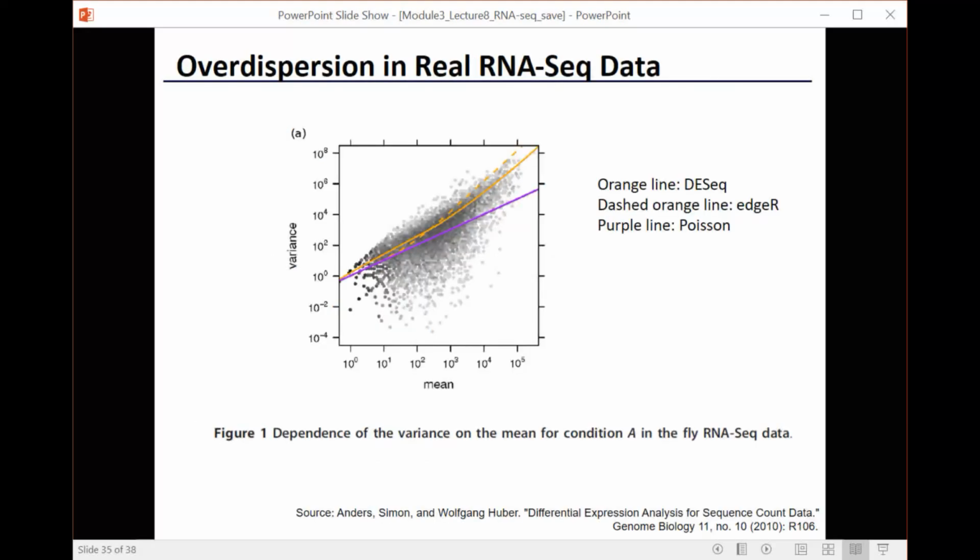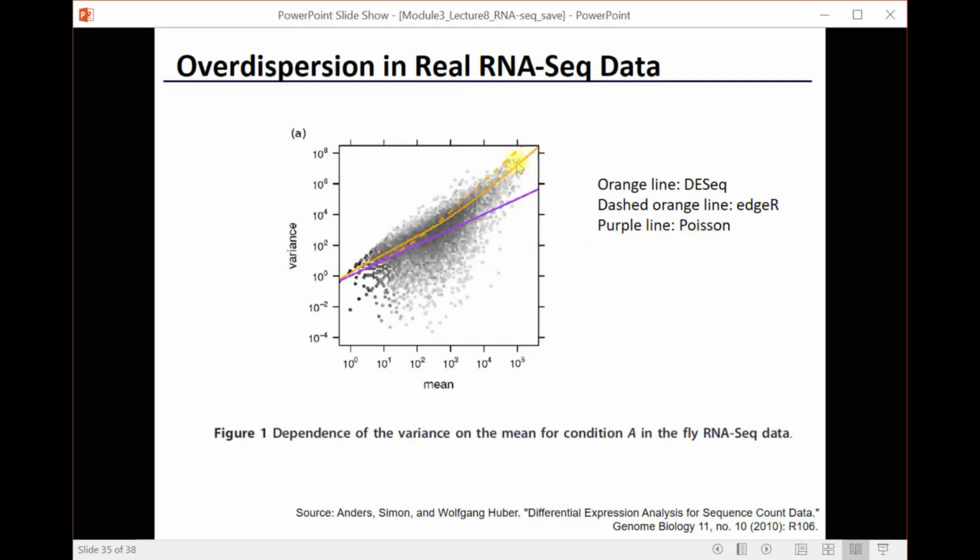So let's look at the plot in this paper. This is based on fly RNA-seq data. The mean is on the x-axis, in log scale. The variance is also in log scale, on the y-axis. The purple line is the variance-mean relationship modeled by the Poisson model.